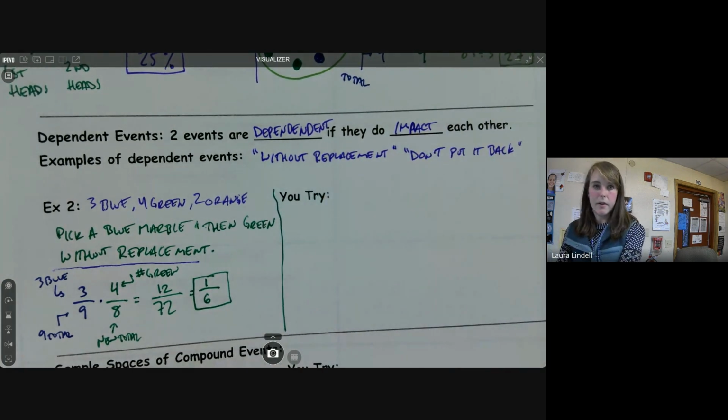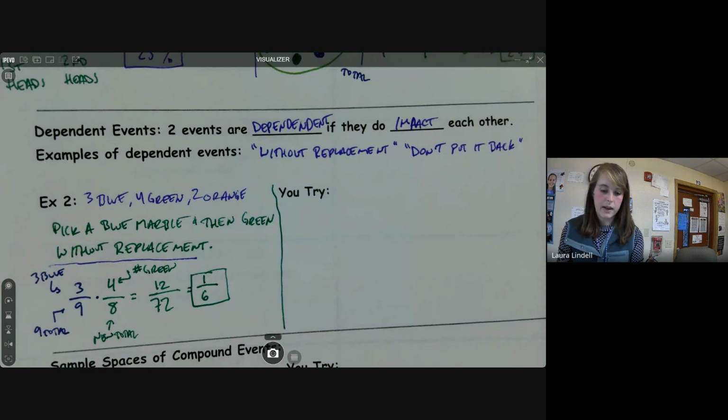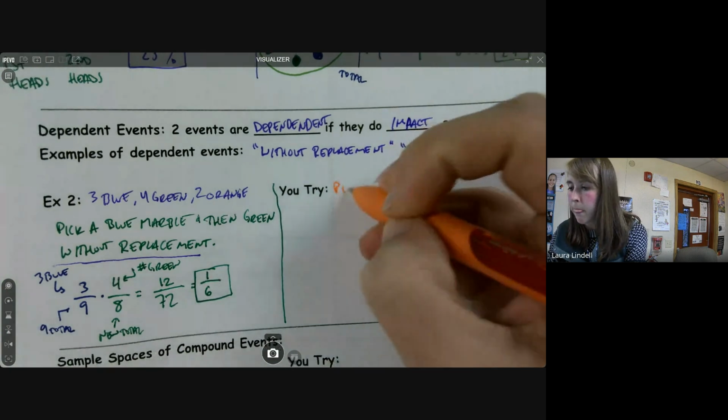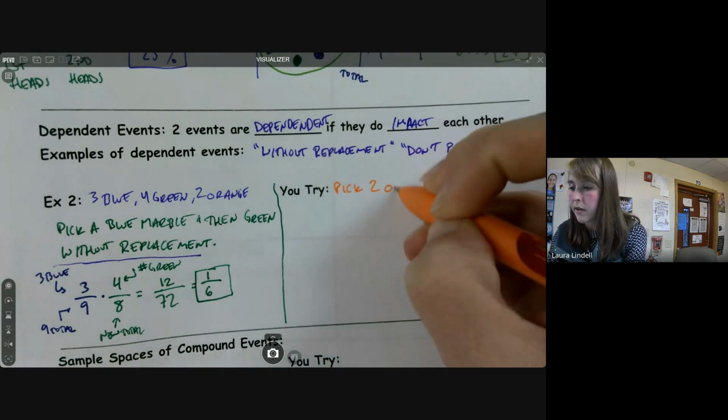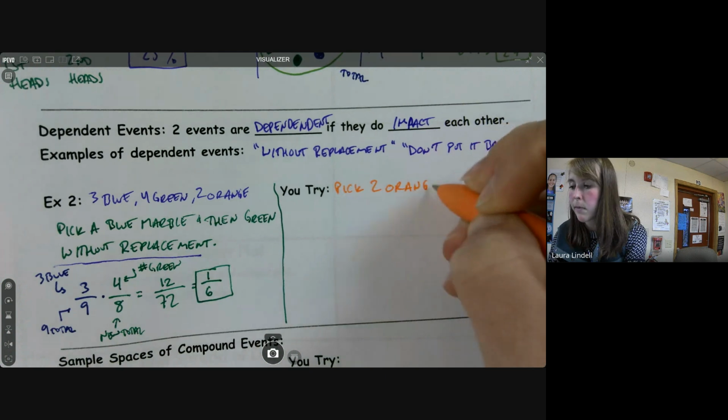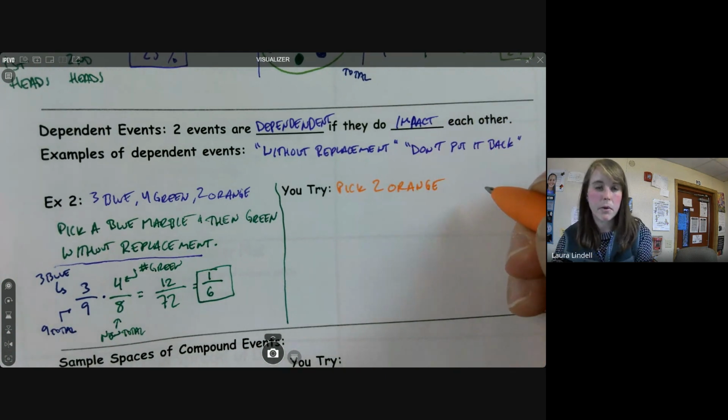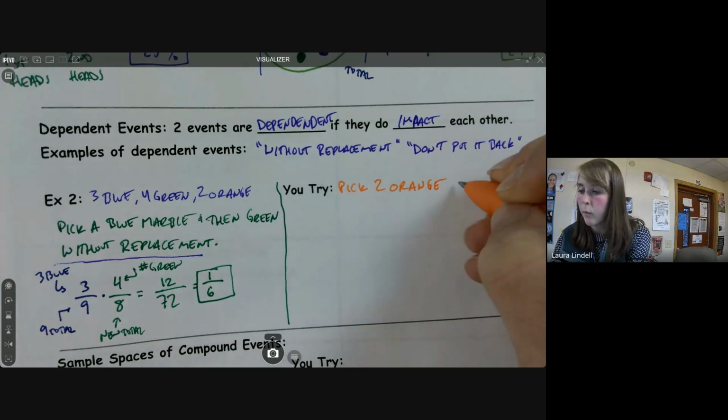Let's try another one. We're going to use the same bag of marbles again, but this time I want to pick 2 orange ones. Let's say orange is my favorite color. I want to get both of the orange ones without replacement.